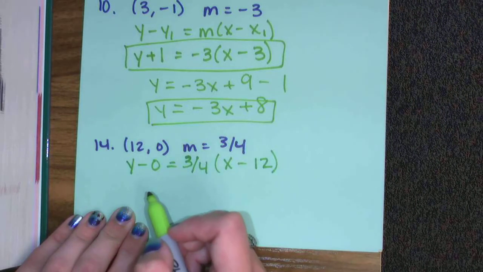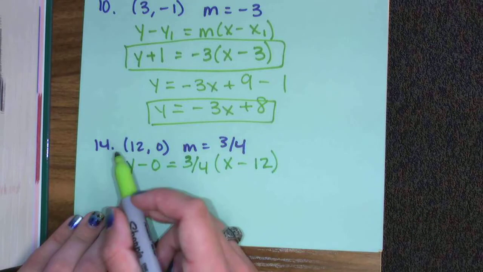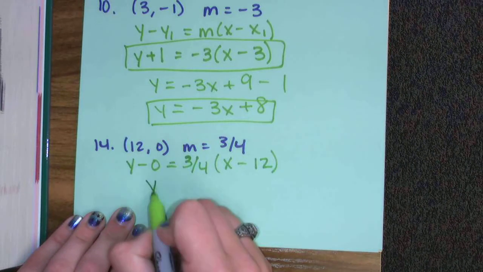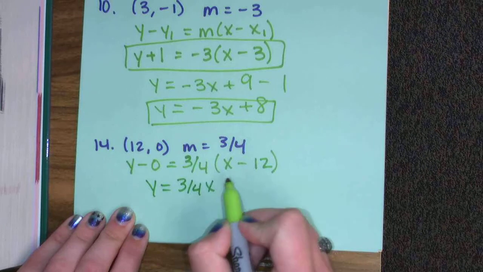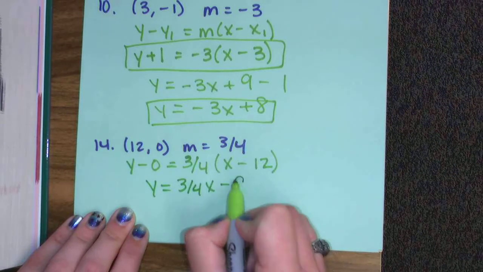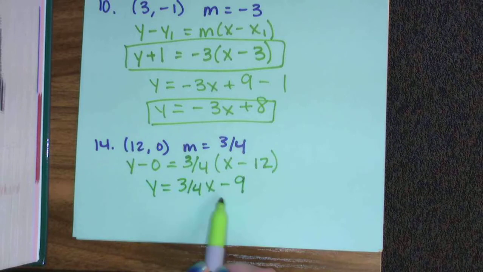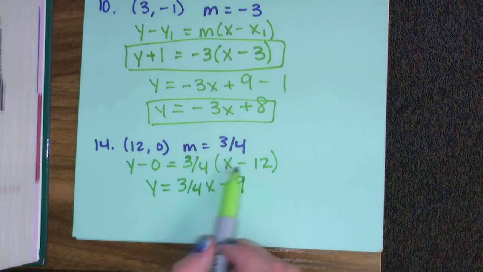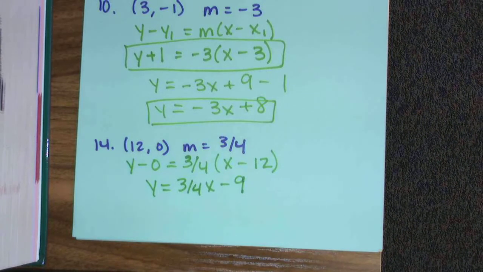Don't do that, because then you're going to end up dividing stuff over here, and you can't have something in front of y. Okay, yep. 3/4 x minus 9. So 3/4 just goes in front of the x. This one's nice, and the 4 and the 12 can reduce down so that you get 9. So two steps here, both of which I have to show. Any questions about that one?